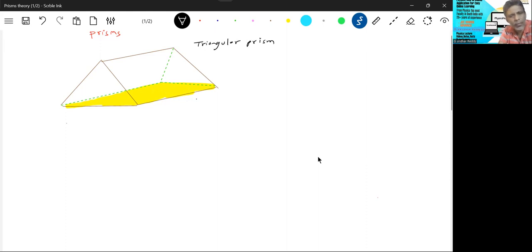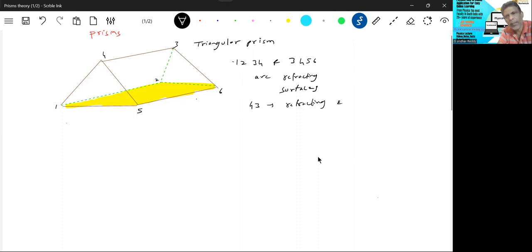So this will be 1, 2, 3, 4, 5, 6. The faces 1, 2, 3, 4 and 3, 4, 5, 6 are refracting surfaces. 4, 3 is called the refracting edge.